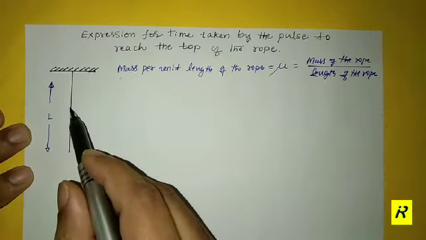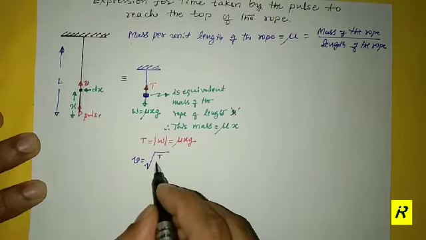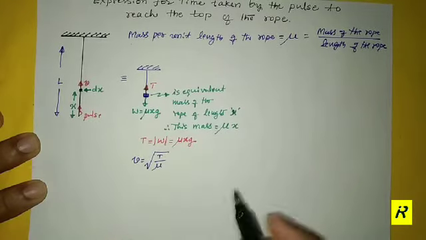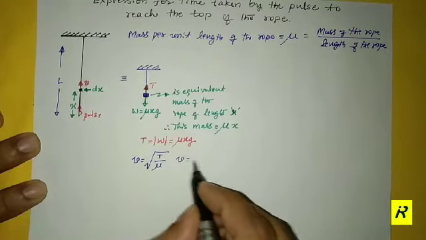Now the speed of the wave at this point is the instantaneous speed. That can be found like this: V is equal to root of tension divided by mu. Further, V is equal to root of mu x g divided by mu. Otherwise, the speed is equal to root of xg.